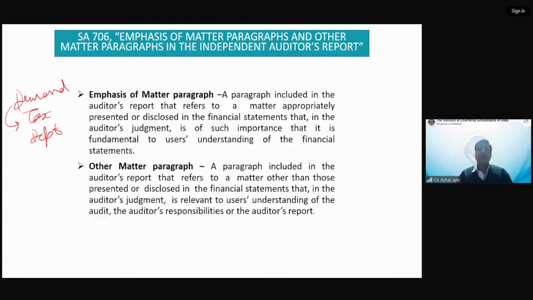Now let's suppose the amount of this demand is quite significant. Then this can have a severe impact on the financial statements of a company. You can say this can have an impact which could be pervasive in nature. I'm just talking about the extent to which the impact could be there.